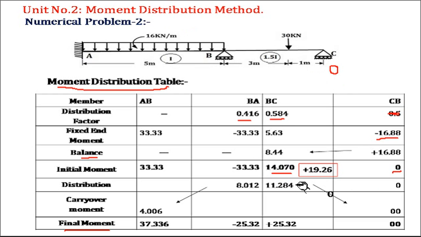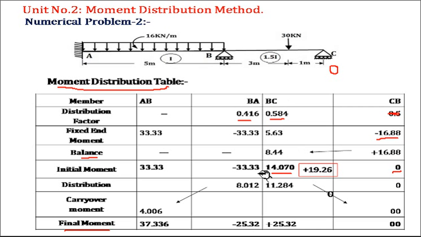Now the next step is the distribution process. At joint B, the condition of equilibrium is MBA plus MBC should be equal to 0, so that joint B will be in equilibrium.